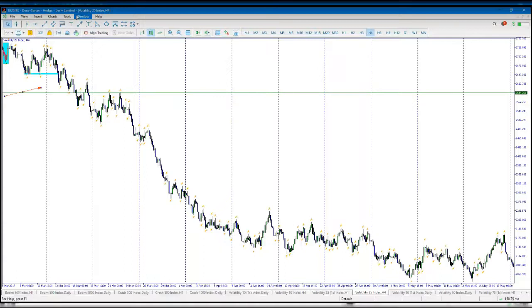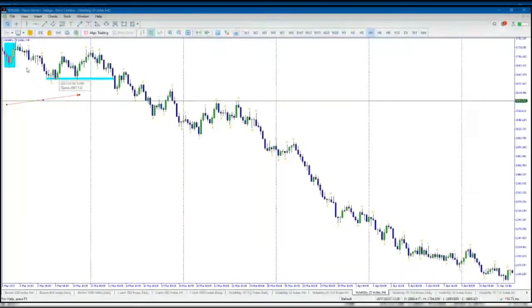And by reason of that, price came down, lower high, lower low, right? But then after this break of structure, we're going to be expecting that price will give us a push upward.